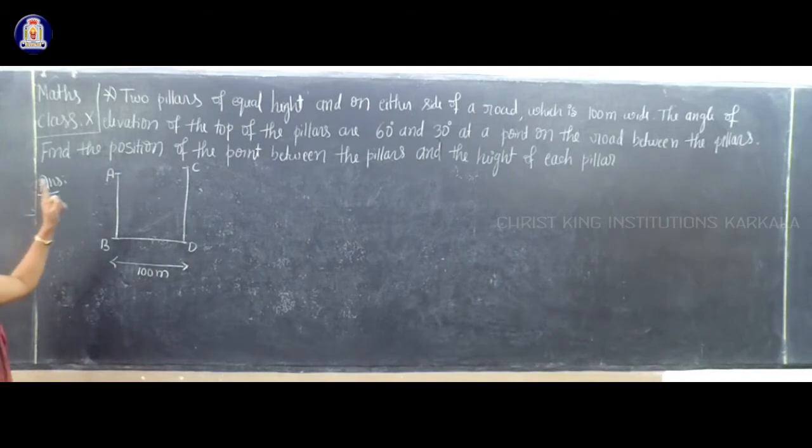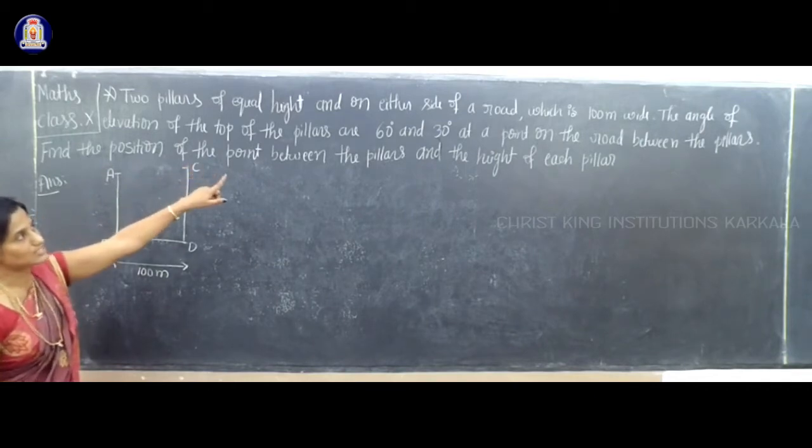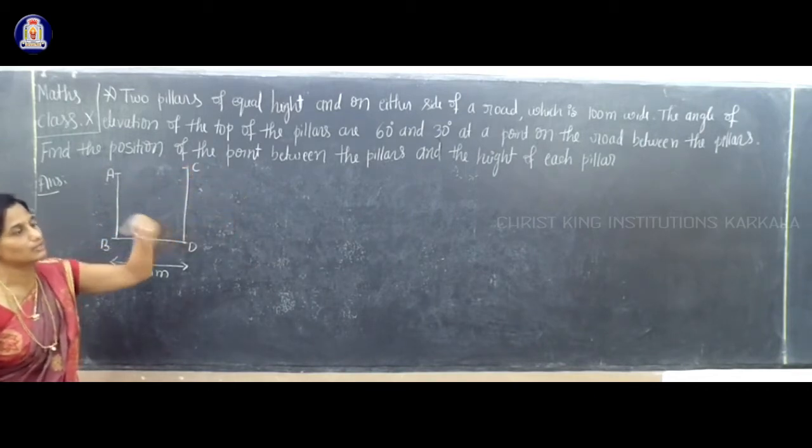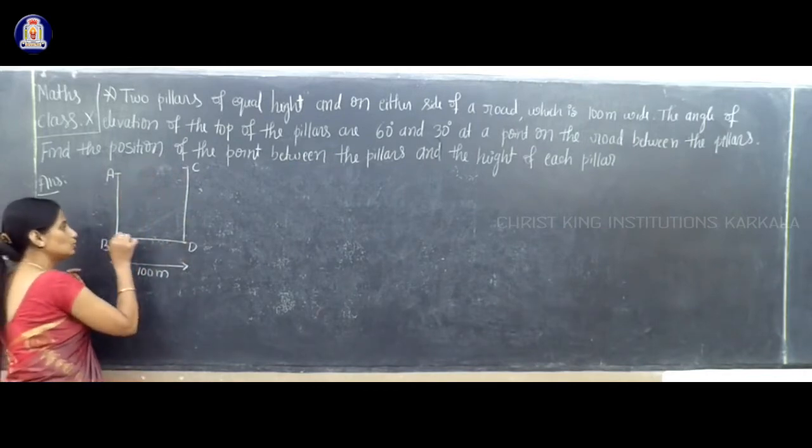Next, the angle of elevation of the top of the pillars are 60 degree and 30 degree from where? From a point on the road between the two pillars.